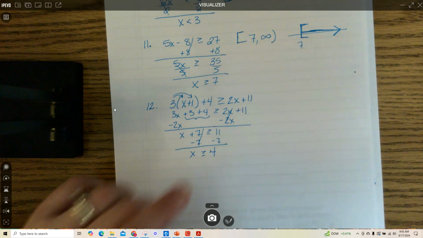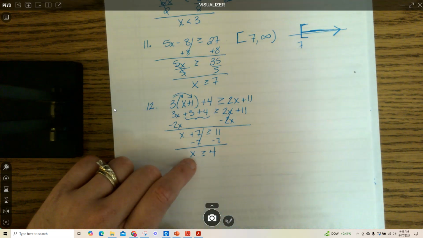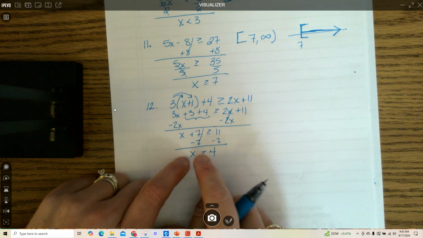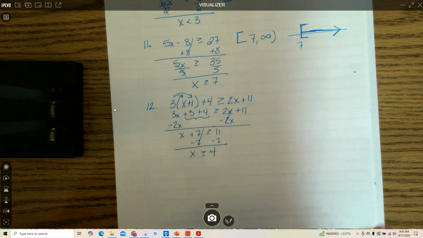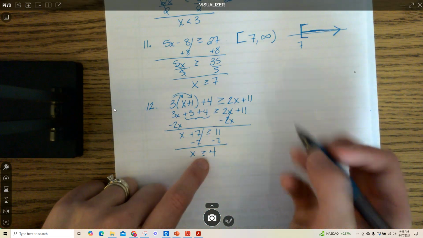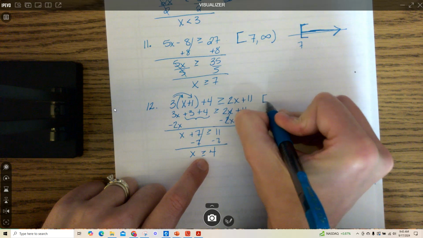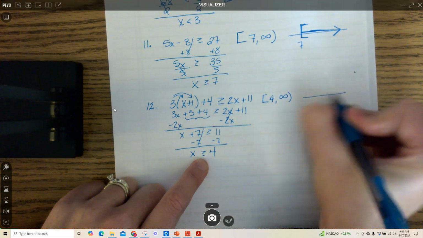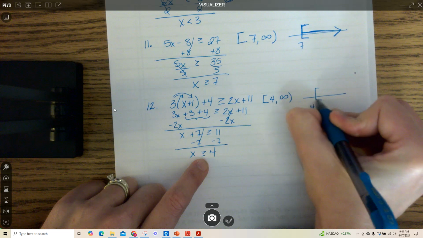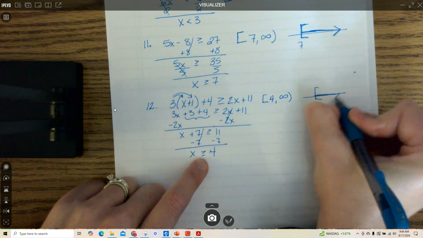The reason I do that is it keeps from flipping the inequality sign. You need to try to get your answer on the left-hand side because it makes every other piece easier. So x is greater than or equal to 4. So 4 to infinity, bracket at 4, arrow to the right.